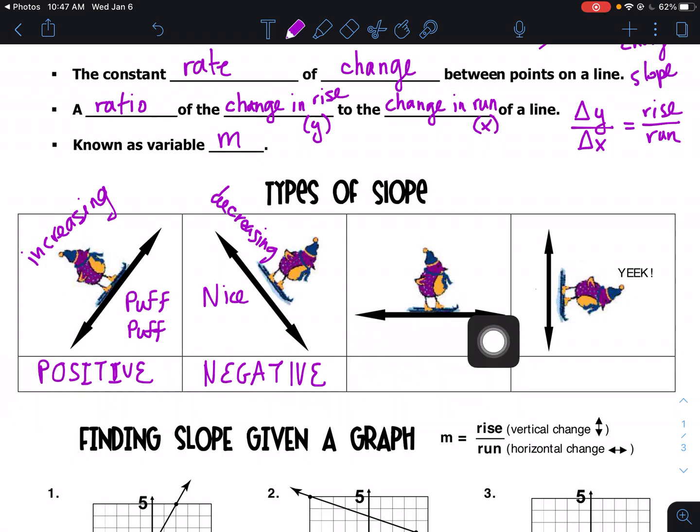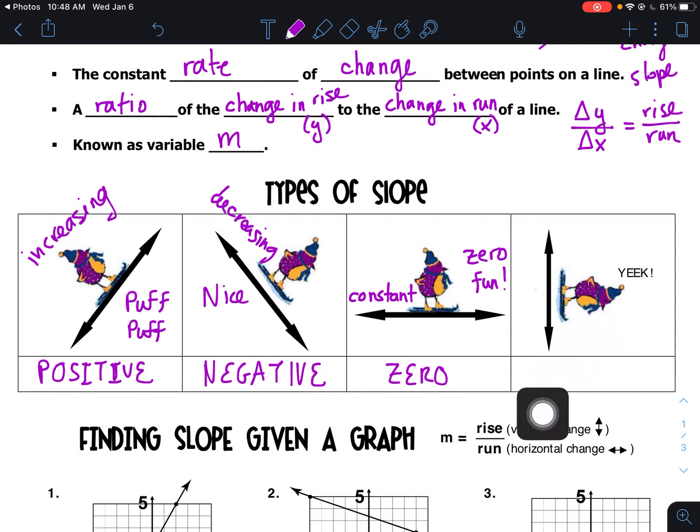Then we get to this point and he says this is 0 fun. This type of slope is 0 because our line is constant. We're not moving up, we're not going down. Our rate of change is just staying the same number the whole time.